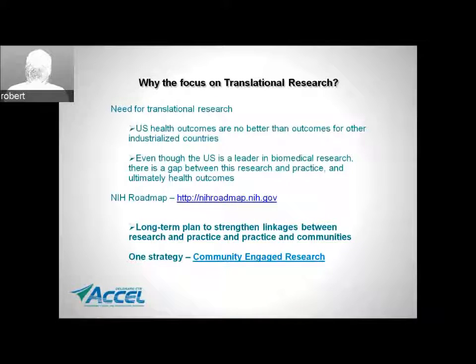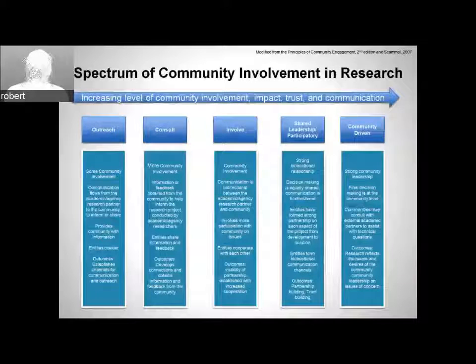Now, when we ask ourselves, what is community-engaged research? Well, we have a continuum to give you a better understanding. And I'm sure some of you have seen these before.